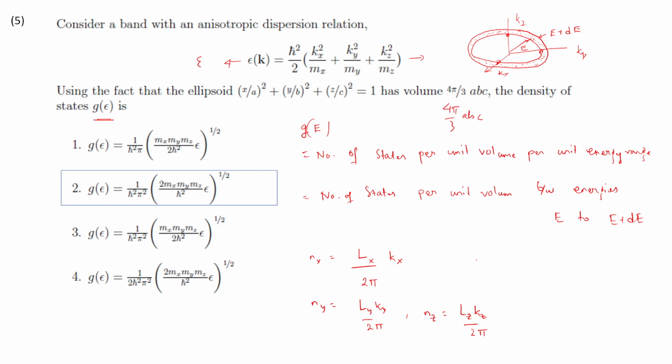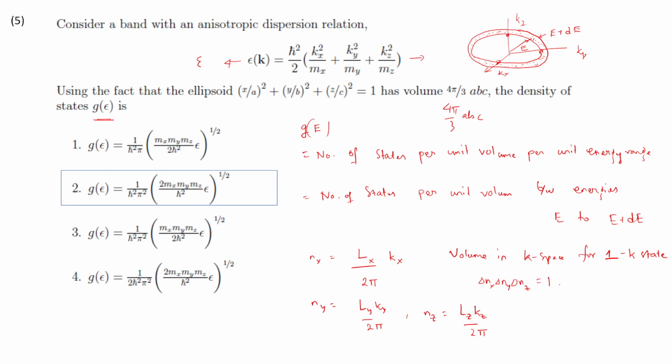And what we want to do is find the volume in k space for one k state. So what we want is delta nx, delta ny, delta nz, this would be 1.